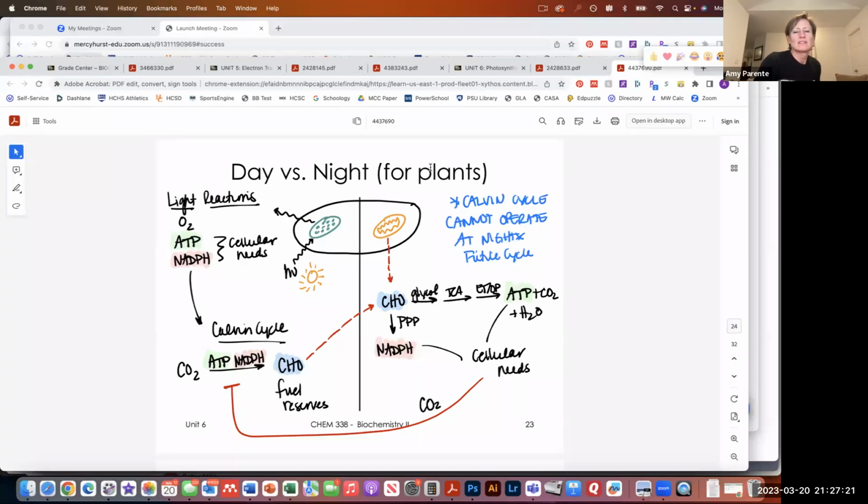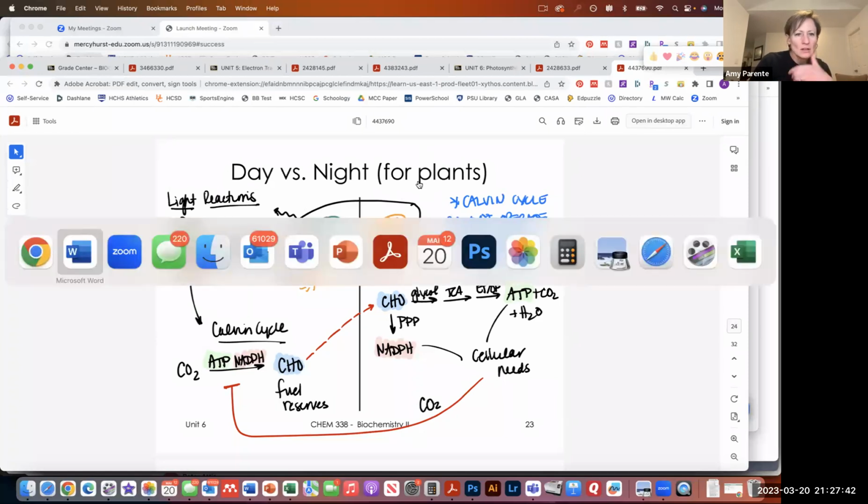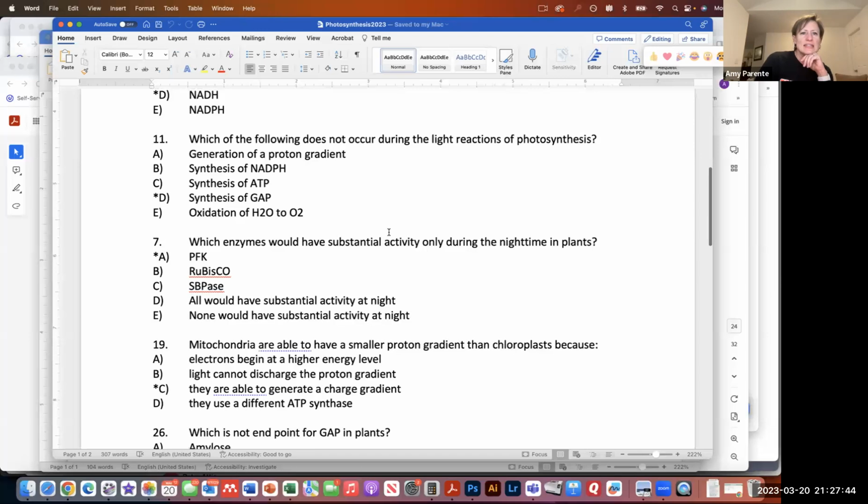During the night, they're going to use their mitochondria. It's not a totally black and white binary situation. But for the most part, they only need to rely on their chloroplasts during the day, but they're going to need their mitochondria at night because they can't make their own ATP using light energy. All right, anybody else have questions on these questions?